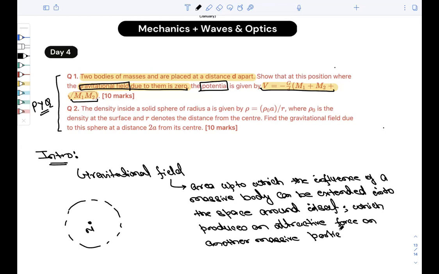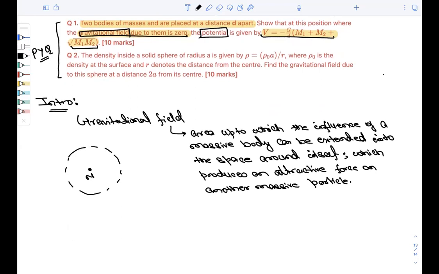So it's a simple definition, but it's a pretty comprehensive definition. This is the gravitational field that we have talked about in the introduction.